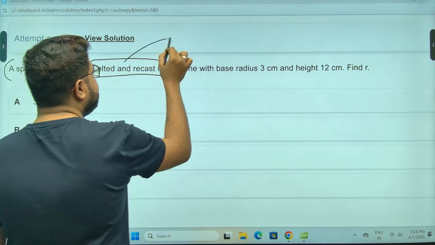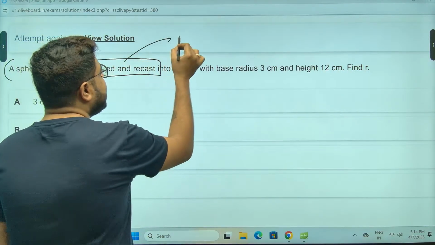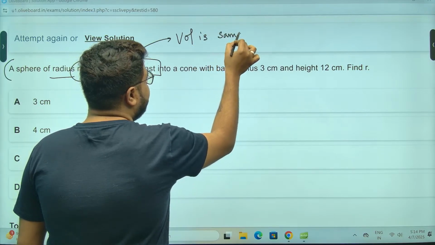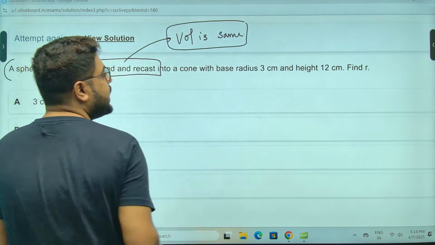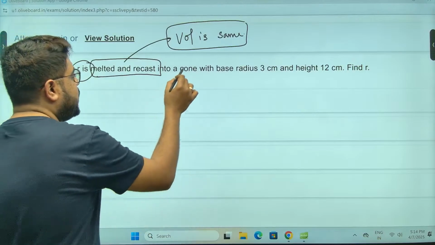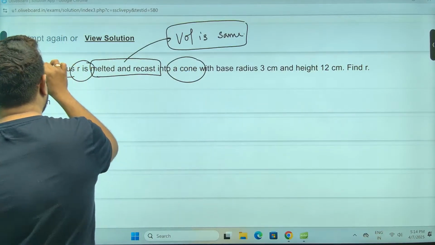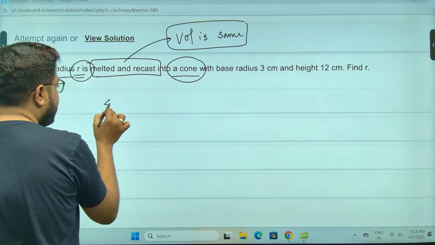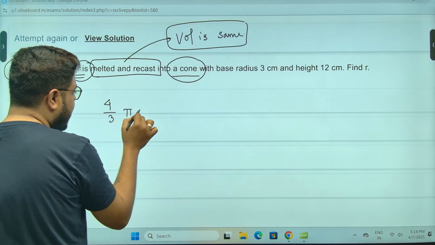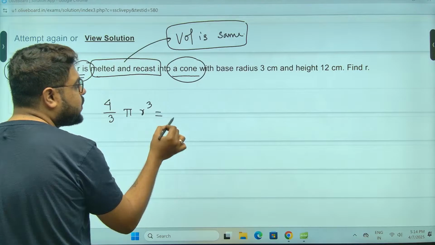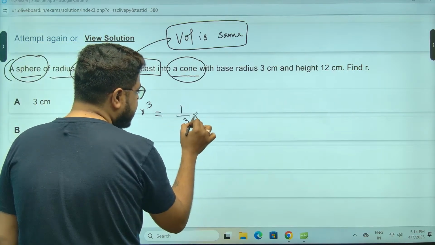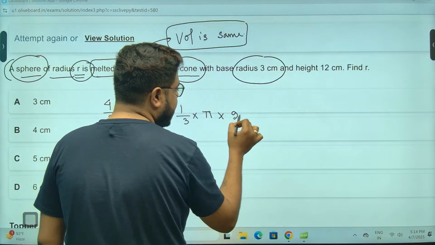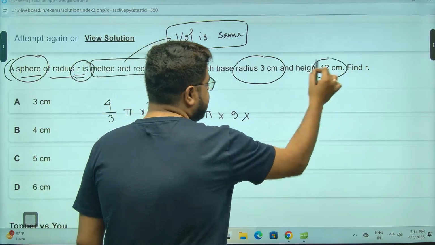I told you multiple times in class, melted and recast means volume is the same. So the volume of this sphere and this cone are equal. Sphere volume is 4/3 pi r cube, equal to the cone's 1/3 pi r square h. The radius is 3 centimeter, so 9, and h is 12 centimeter.